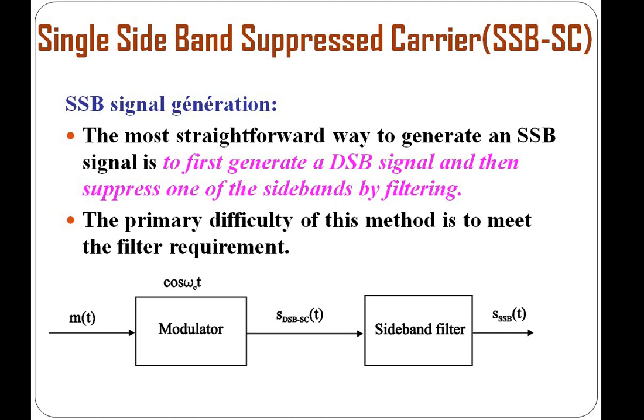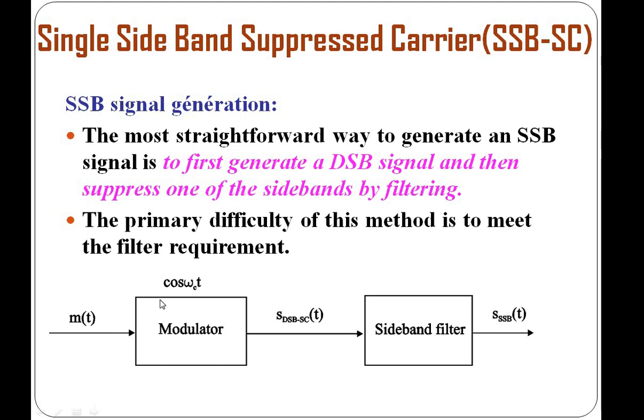If you want a USB, upper sideband, meaning higher frequency components, then you should use a low pass filter. If you are going for the lower sideband, you should use a high pass filter to filter out the upper sideband. Clear? So this is the first primary difficulty that you will be facing, to choose which kind of filter you want to use. So this is how your block diagram is shown.